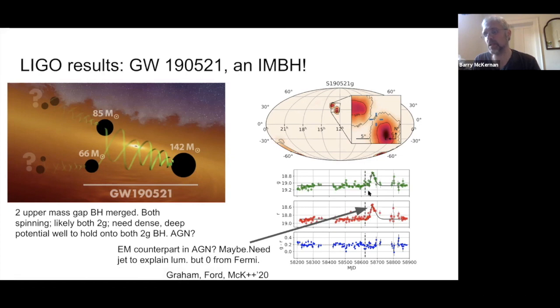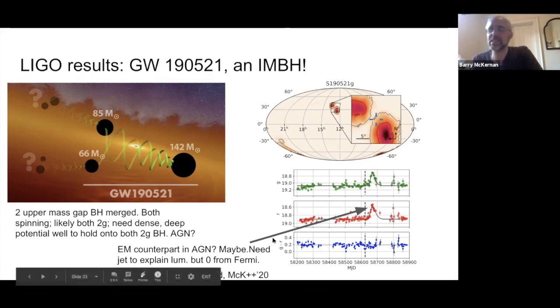It's weird enough that it's on the order of 1 in a million for AGN that have been looked at by ZTF. That could mean that we got unlucky and that we saw a 1 in a million flare, right? But it's also possible that it could be an EM counterpart to this extreme merger event.